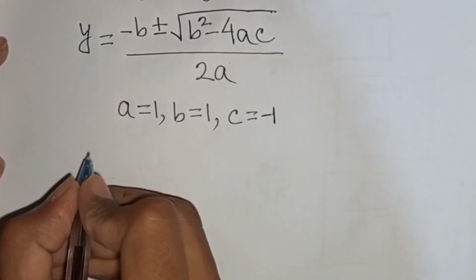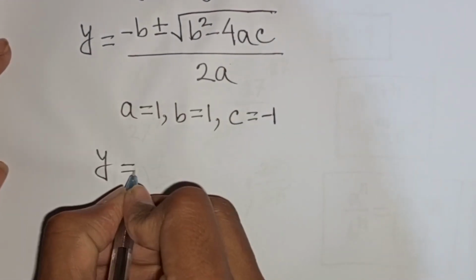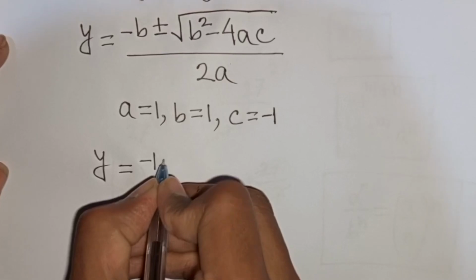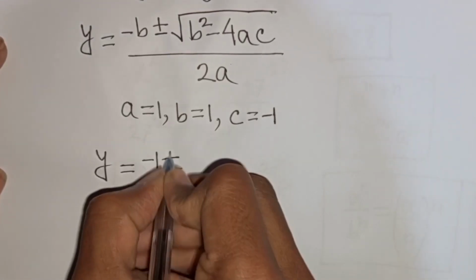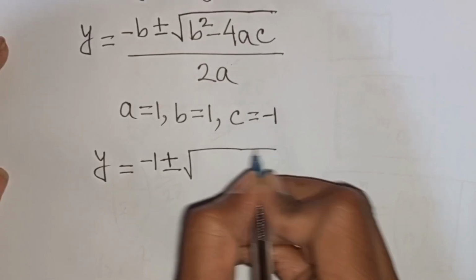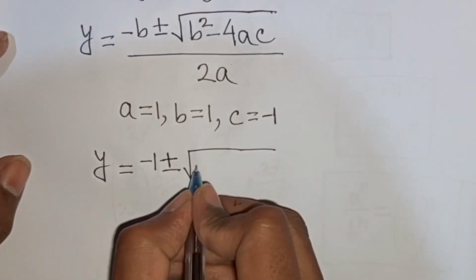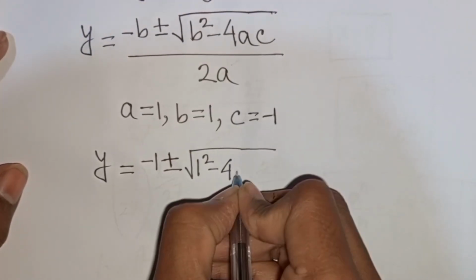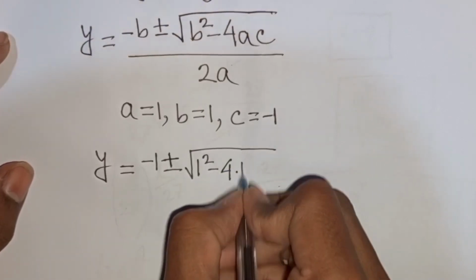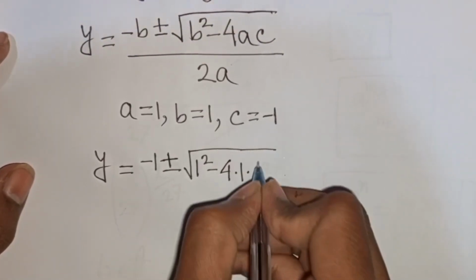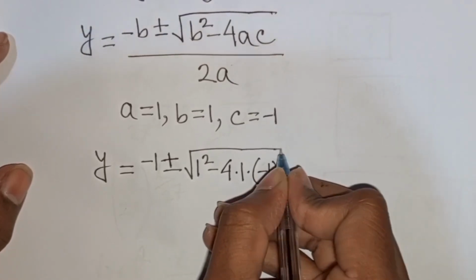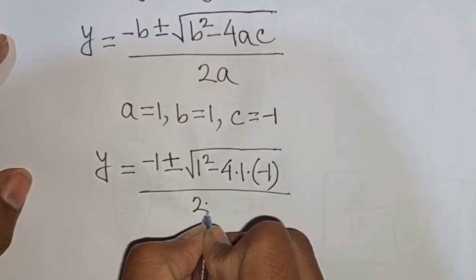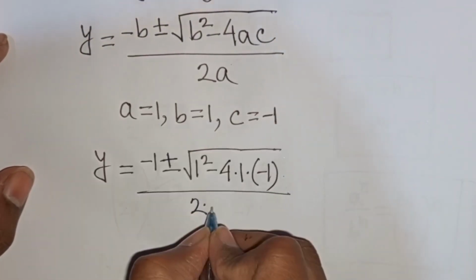Now we can write here y will be equal to minus b, that means 1, then plus or minus a square root of b square, that means it will be 1 square, minus 4 times a, that means 1, times c, that means negative 1. So it will be bracket negative 1, then divided by 2 times a, that means 1.